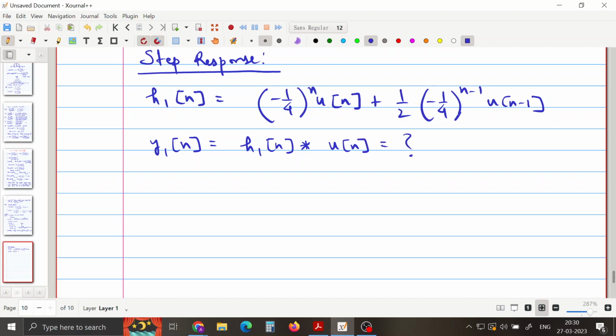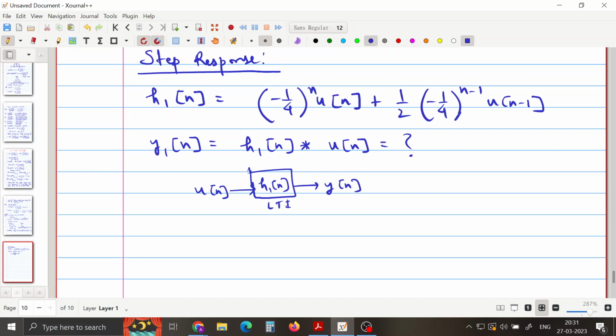That's what we need to find. So we have h1 of n, this is an LTI system, and this is y of n. So you can use convolution.